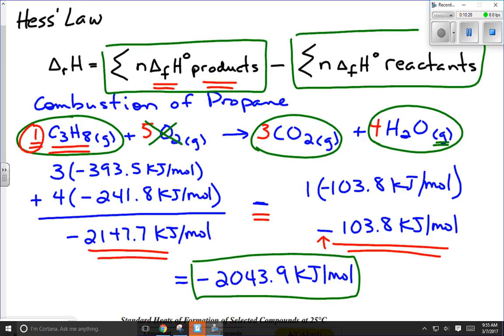Then you need mole ratios to figure out, well, if you have less than 1 mole or greater than 1 mole of the propane, then how many moles are you going to get of the carbon dioxide, and how many moles are you going to get of the water vapor. You might be given the volume and temperature and pressure of the gas of the propane. If you're given volume, temperature, and pressure, you're going to have to use gas laws to figure out the number of moles, and then use mole ratios. So it does get more complicated than this, but for Science 30 students, this is all you're going to have to do on your test.